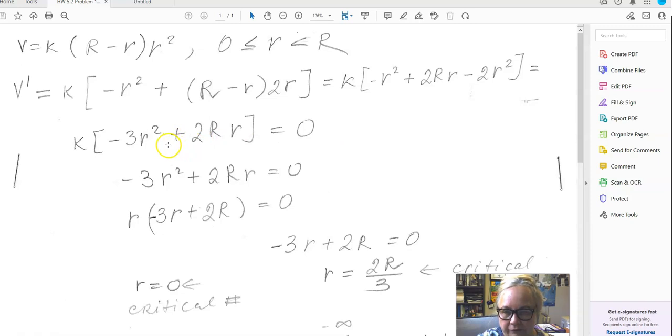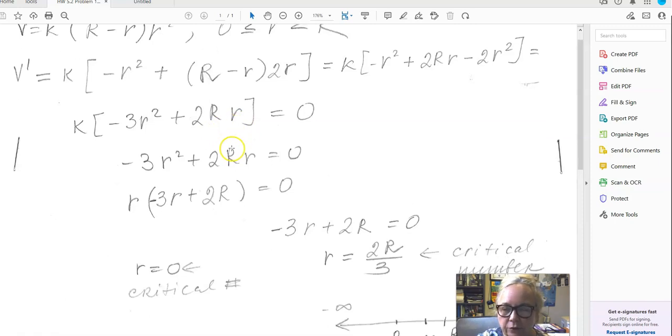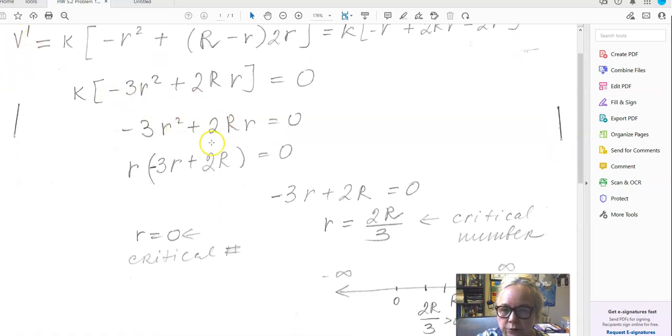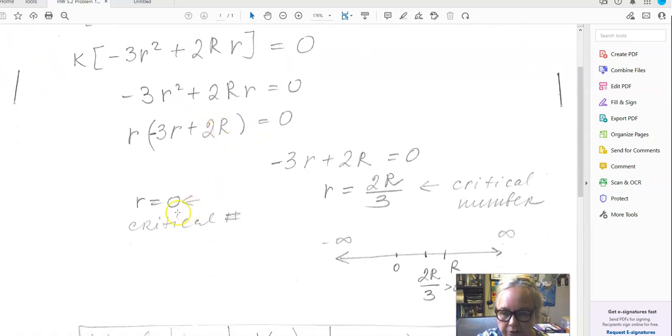But we don't have r in places like a denominator or under a square root, where the values of r would not allow the derivative v prime to exist. So once you solve the equation, you get two critical numbers, r equals 0 and r equals 2 times capital R over 3.